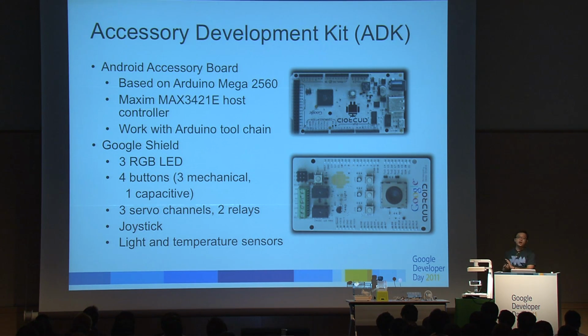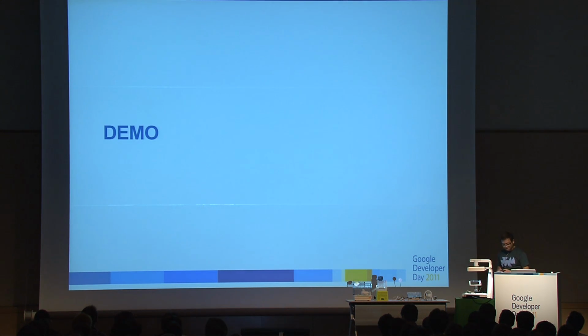Again, this is optional, and we just want to provide developers a quick way to start building hardware because it comes with a lot of useful LEDs and buttons. 3 of them are mechanical, 1 of them is capacitive, and there are some servo channels and relays, and also a joystick. You can quickly start doing your development without worrying too much about the hardware. And finally, there are 2 sensors on the ADK, and I'm going to show you that.